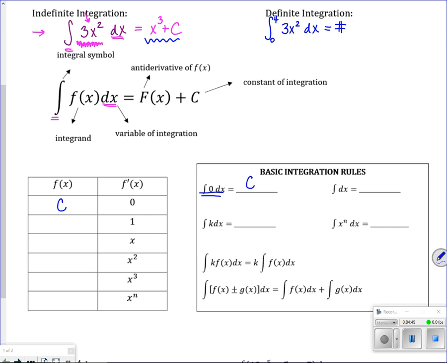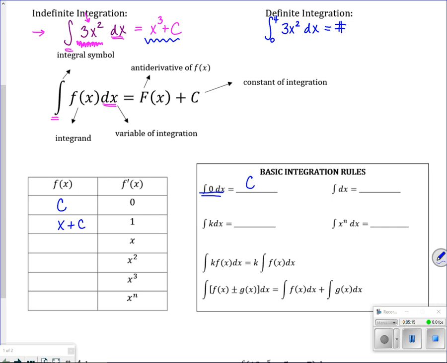Now, if f prime of x is 1, think of who would have a derivative of 1. Well, x would have a derivative of 1. That's a possibility. But just like we talked about, I could put any constant with that.